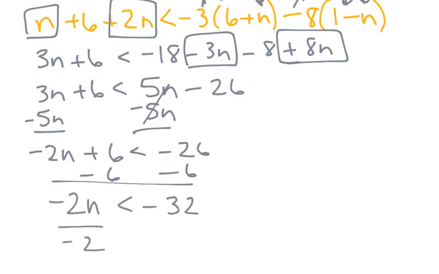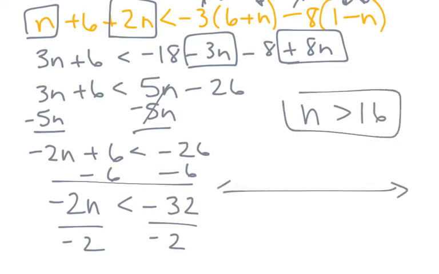Again, dividing by a negative. So because of that, this is going to be n is greater than 16. So when we go to graph, here's 16. Because there's not an equal to sign, that means 16 does not count. So I'm going to have 16 there with an arrow going towards the larger numbers.